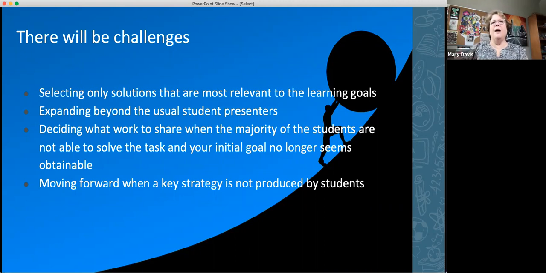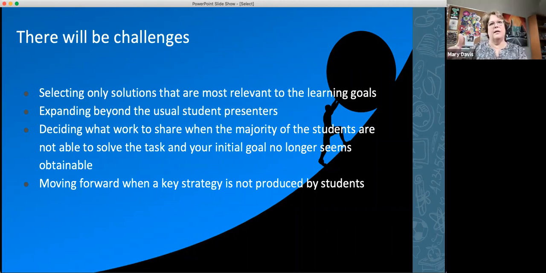If not, maybe you need to personally jump in and maybe share a question or two that can get them on the right track and move them forward. Don't give the solution, don't give the answer, but you need to get them back on the right path, because you have a goal. We set the goals. That was step 0.